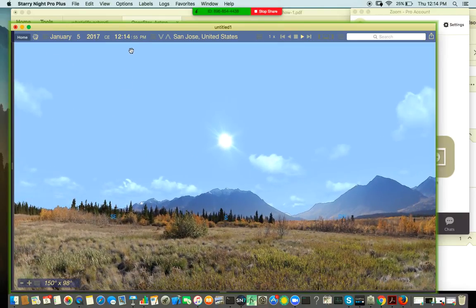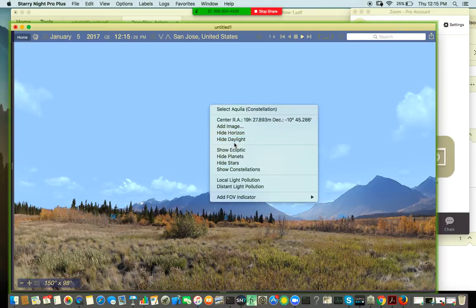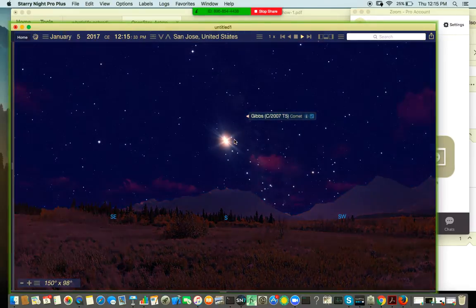But the main point is, if you look up here, where the time is given, 12:15, the time is ticking in the top command bar that shows not only the date but also the time and the location. If you look at the sky, at first you don't see stars, you see only the sun. But just to help visualize things, I can get rid of daytime.